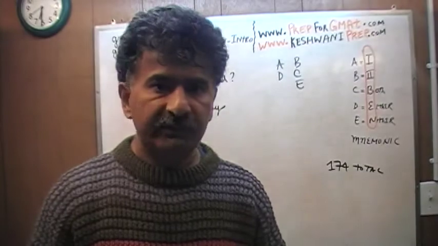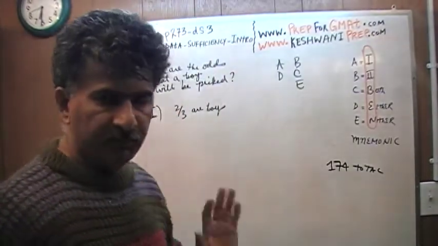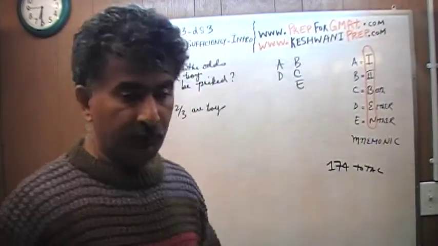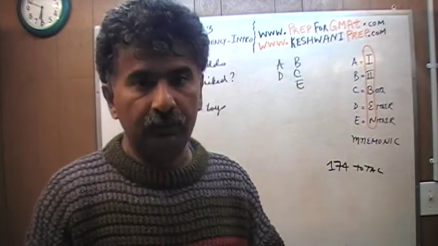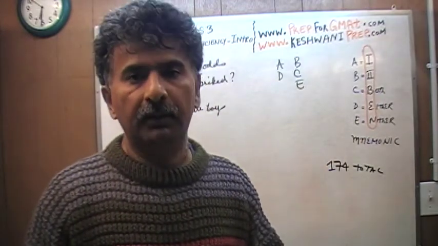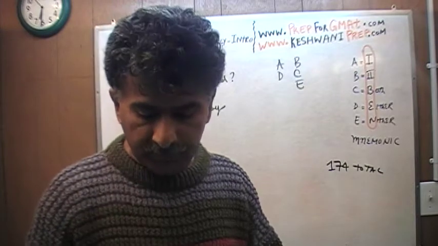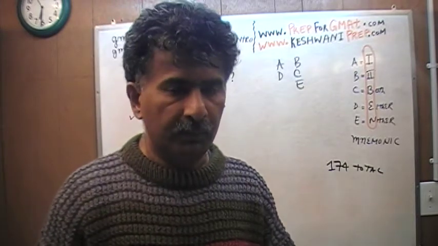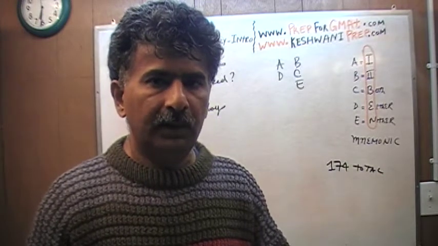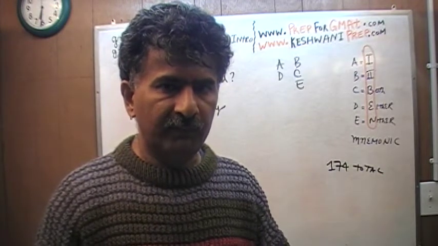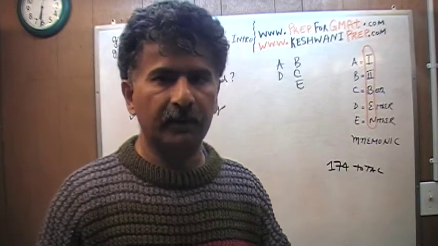In my opinion, the first 50 are quite straightforward. As you can see, there was not much to do at all. As a matter of fact, in this particular one, there was nothing to do. They tell you that 2/3 of the class is boys. That's your answer. The odds are 2/3 that the child picked at random is going to be a boy. So the first 50 are quite straightforward. 51 through 100 is what I would call medium, and 101 through 174, they're quite tricky.